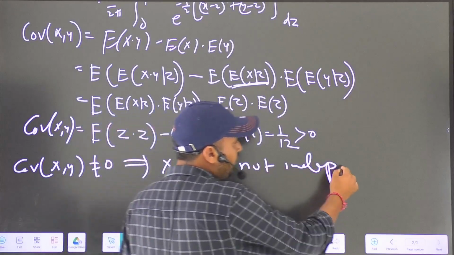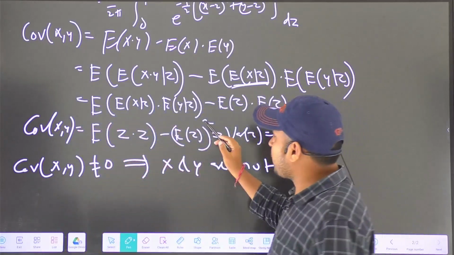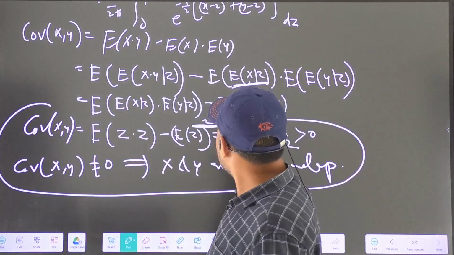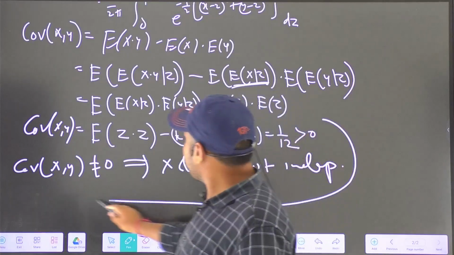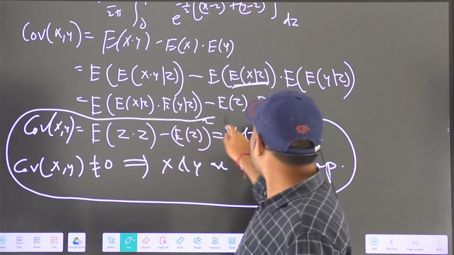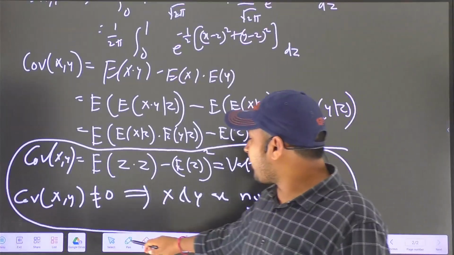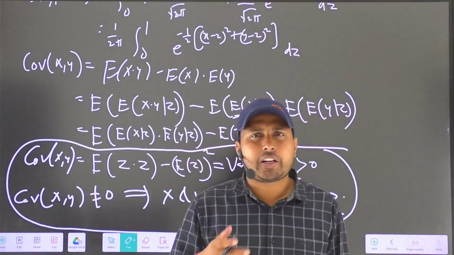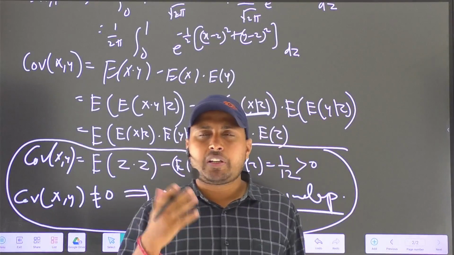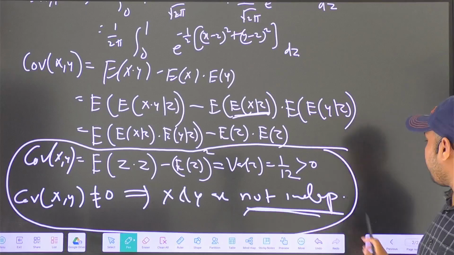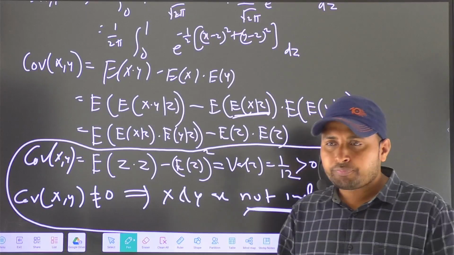So this is the solution, the correct way to do the first part. We were just checking: we were given that x given z and y given z are independent, and we checked whether x and y are independent. The answer is no, x and y are not independent. So this is the first part. Second part also.